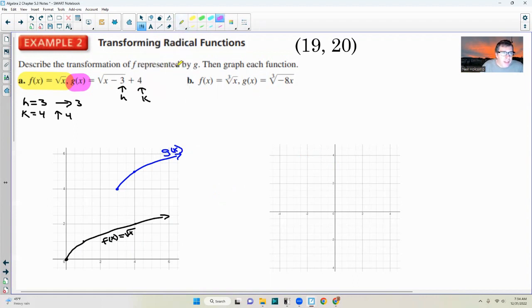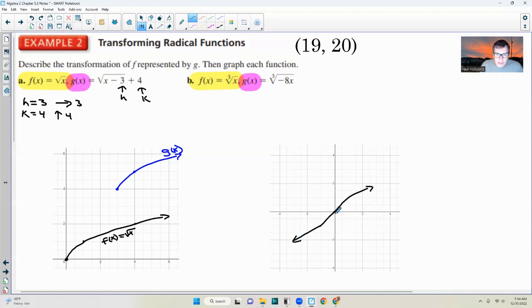Now I look and I see that I have f of x equal to the cube root of x. That's our parent, and we're going to graph g of x, which is a transformation of the parent. So let's graph the parent first in black. The cube root of 0 is 0. The cube root of 1 is 1. The cube root of, let's see, the next perfect cube is 8. Okay, so this grows really fast, so I'm just going to stop there. It goes like so. And the cube root of -1 is -1, and it's going to come down like this.